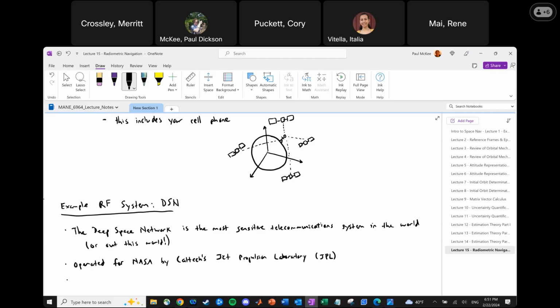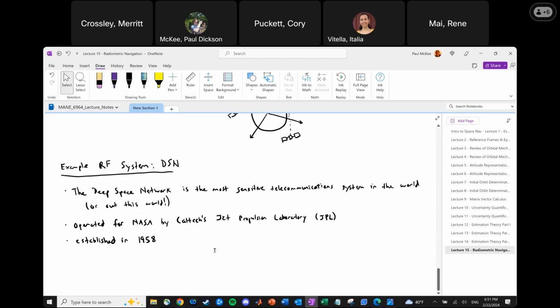It was first established in 1958, which for all you history buffs out there, was also the year that NASA was first established. So this has been around for a little while. And it is the primary means of communication with interplanetary spacecraft. Communication and radiometric navigation.